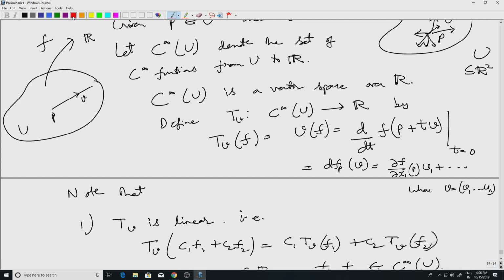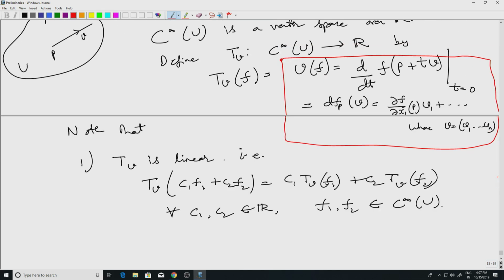So there are several ways of writing the directional derivative. The definition is d by dt of this, but that's the same thing as df_P acting on V, which is also the same thing as this.